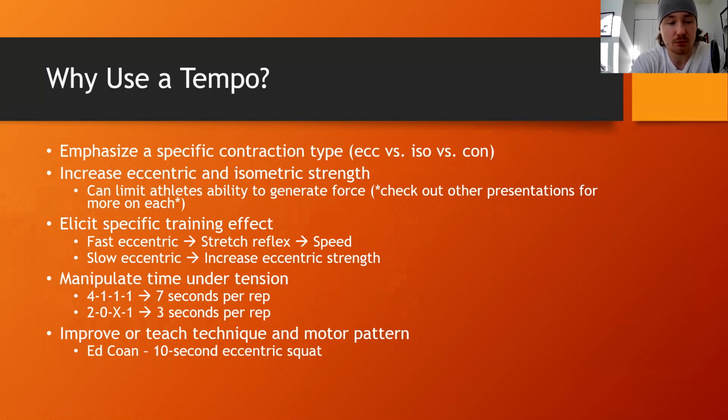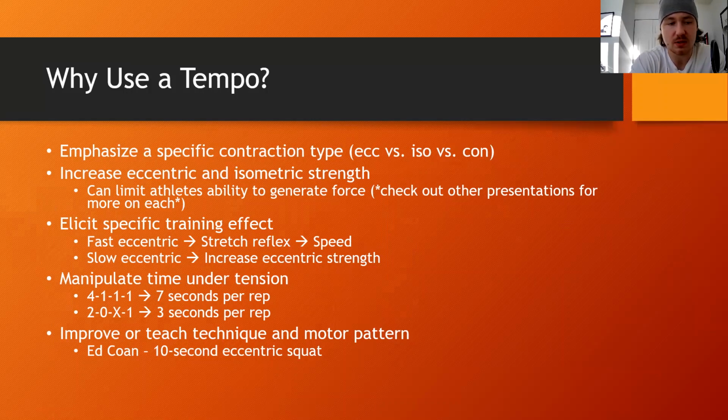Tempos are also a great way of manipulating the time under tension. Let's say for hypertrophy or muscle building reasons, you might manipulate the tempo to elicit a different hypertrophic response. A slower eccentric brings more muscle damage, but for more pump or smaller isolation exercises, you might include a faster tempo.